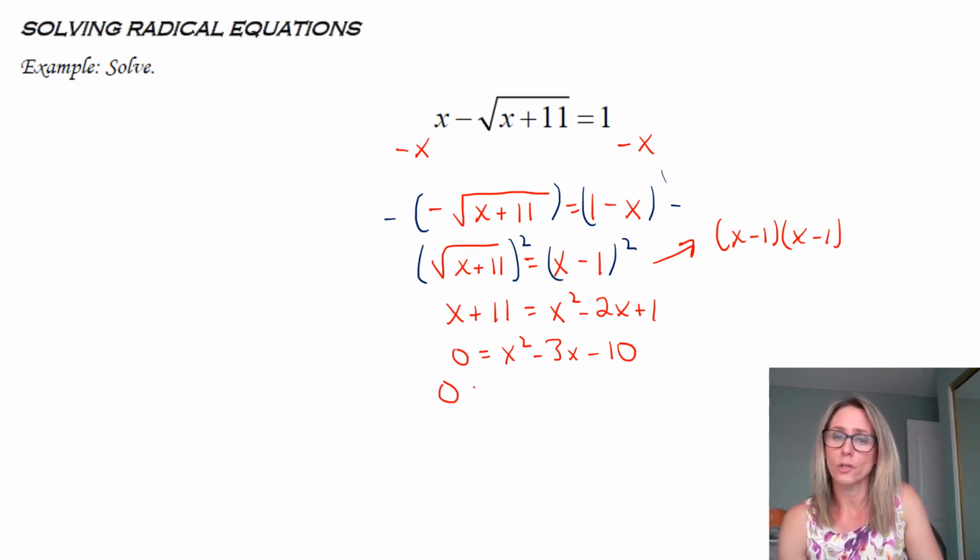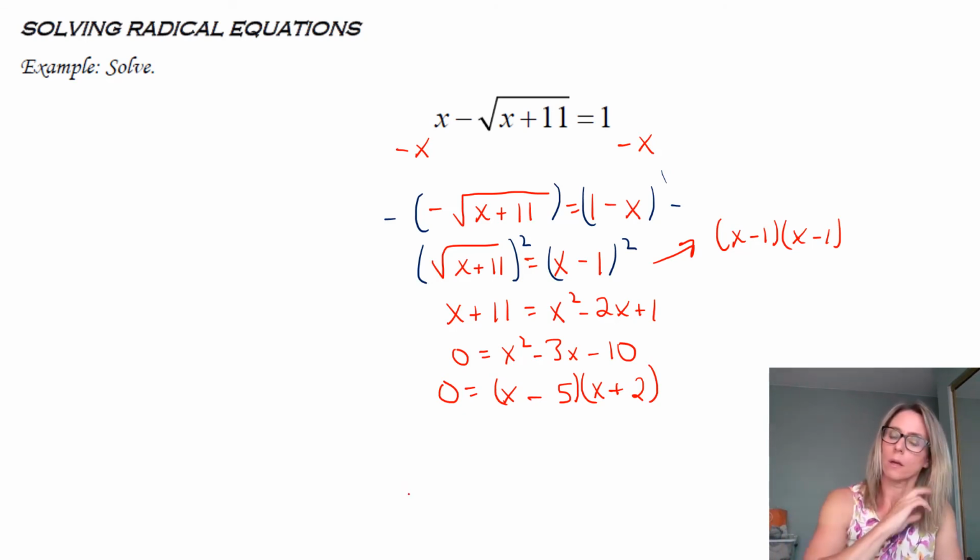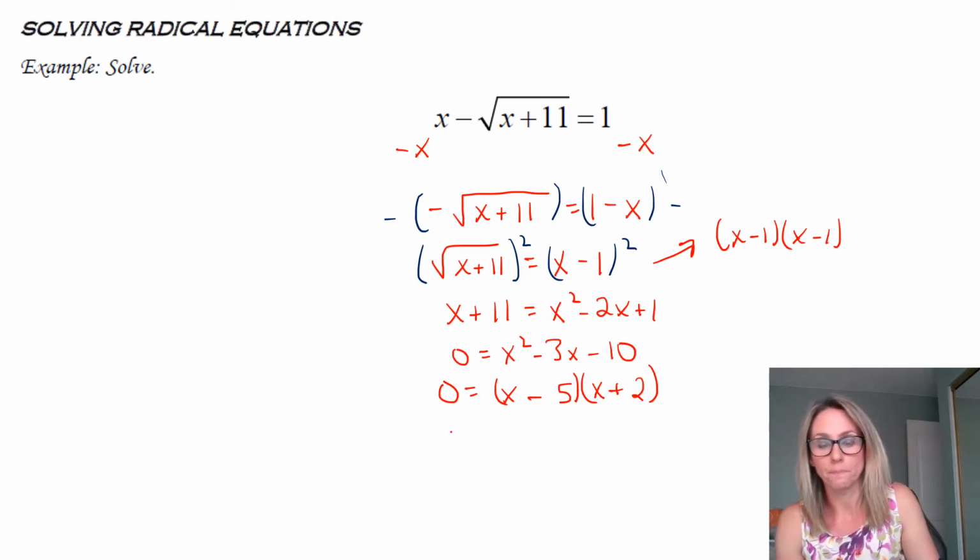You should always, however, start with factoring, see if that works. So notice we have x, we have 5, we have 2, we have minus, we have plus, and this gives us two solutions. And that's going to be x equal negative 2, positive 5.